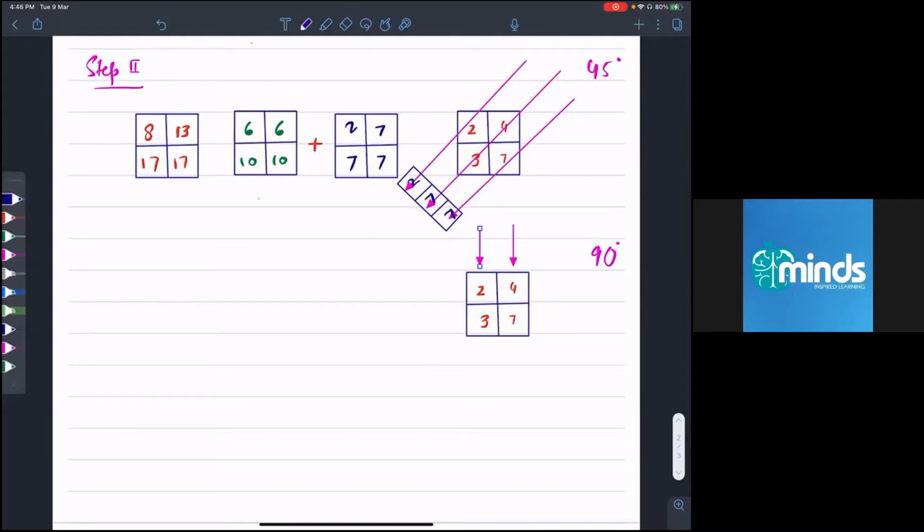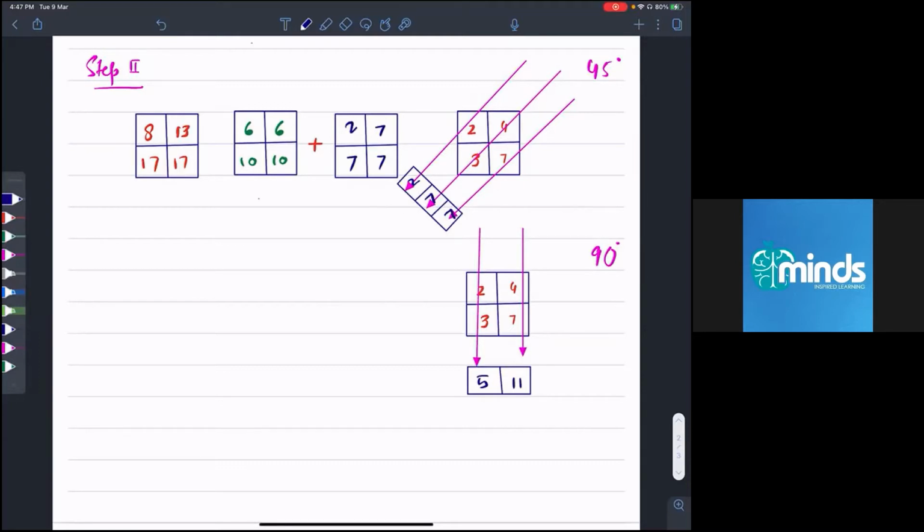So I think many of you can easily tell that we will be getting 11 here and 5 here. Just imagine X-rays are going like this. So 4 plus 7 will give you 11 and 2 plus 3 will give you 5.